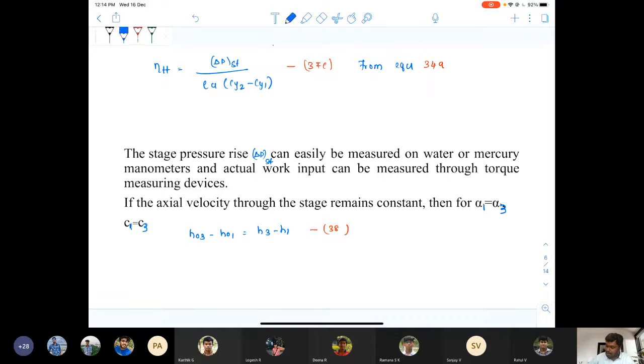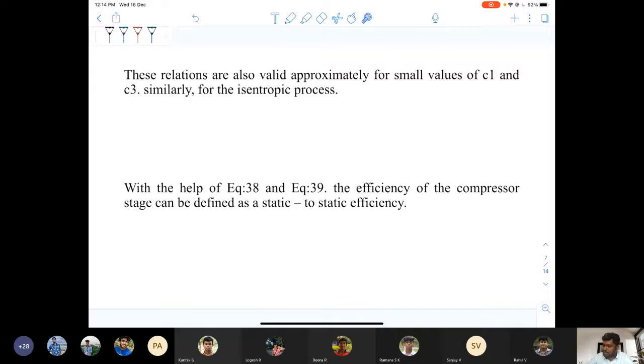And again, this equation can be written in the format T03 minus T01 is equal to T3 minus T1. Now, these relations are also valid approximately for small values of C1 and C3.